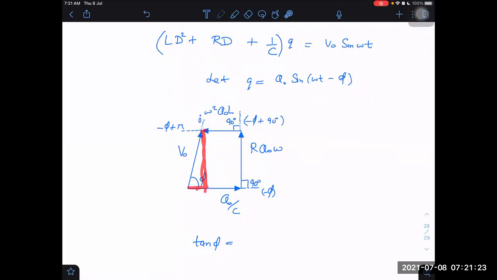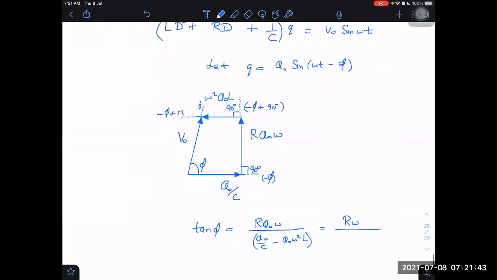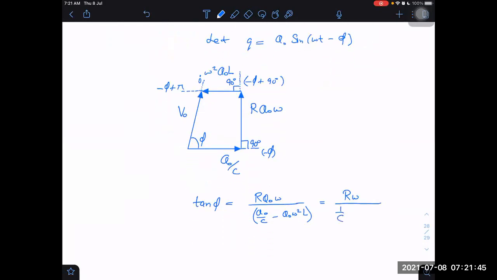The perpendicular is R into Q naught omega divided by Q naught by C minus Q naught omega square L. So what do we get here? R into omega divided by 1 by C minus omega square L. Is it right?